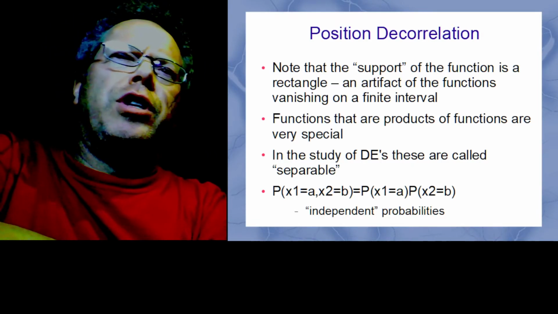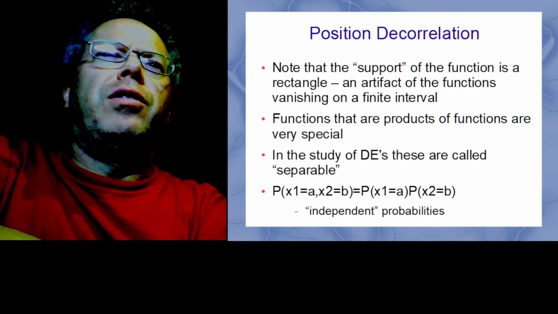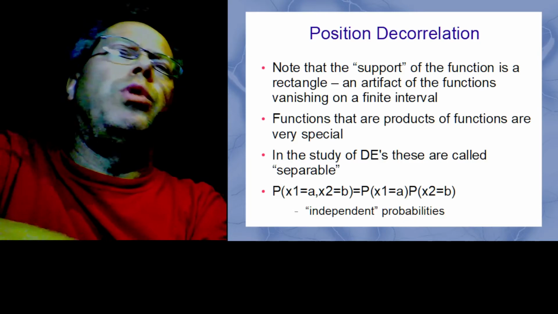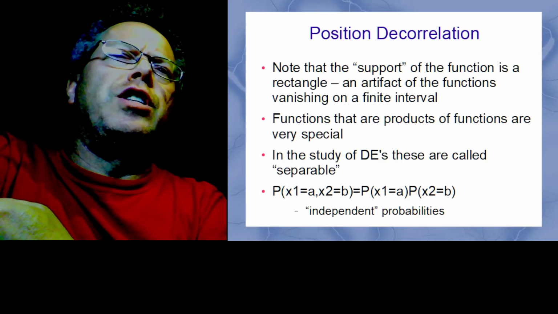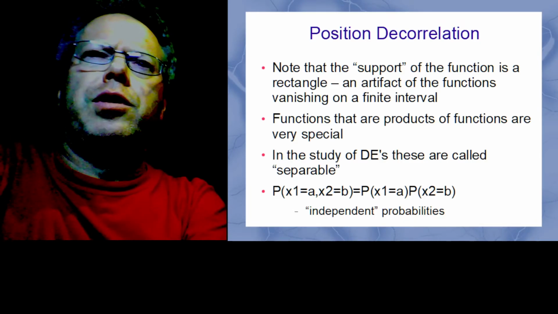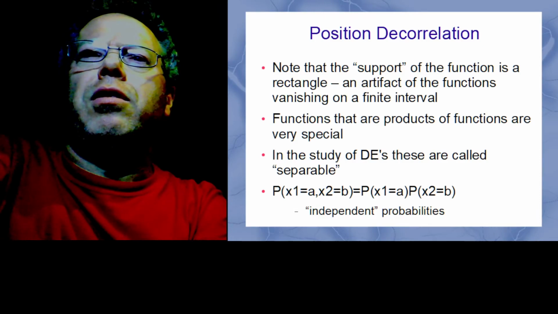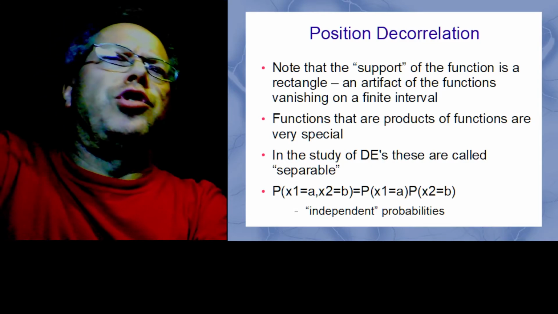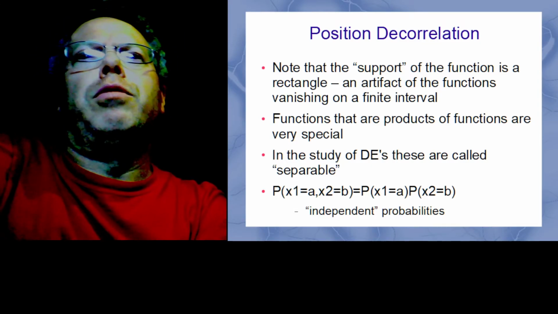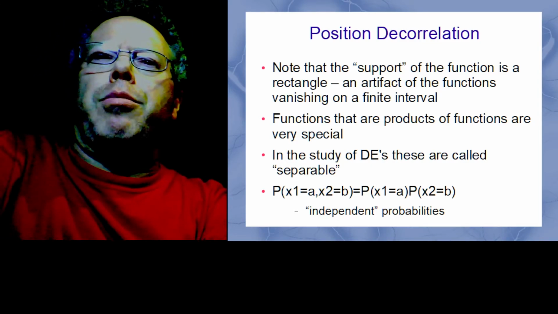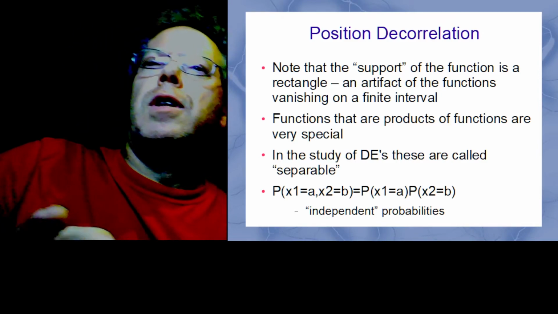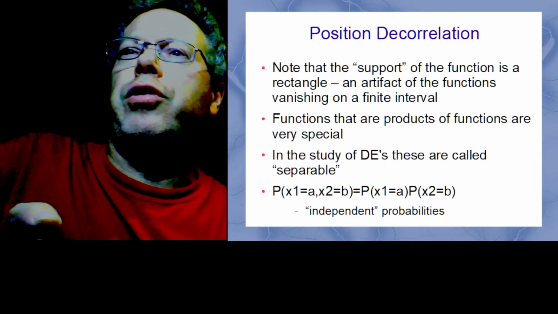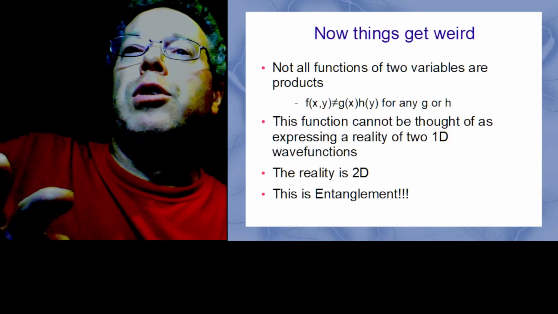If we were talking about differential equations, we would call this separable. We would be looking for functions that were products of functions over lower dimensional spaces. That doesn't mean that the general solution is one of those, but it could be made as a linear combination of them. Again, the probabilities are independent in the traditional sense that I just multiply them together.